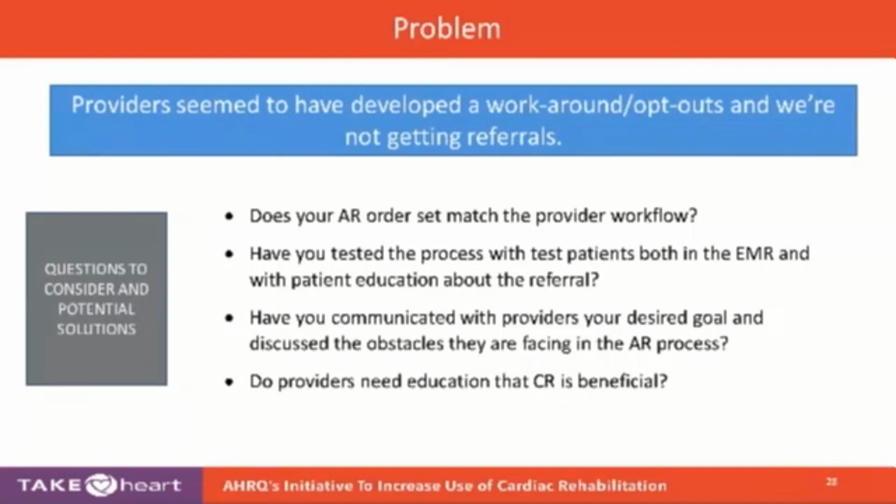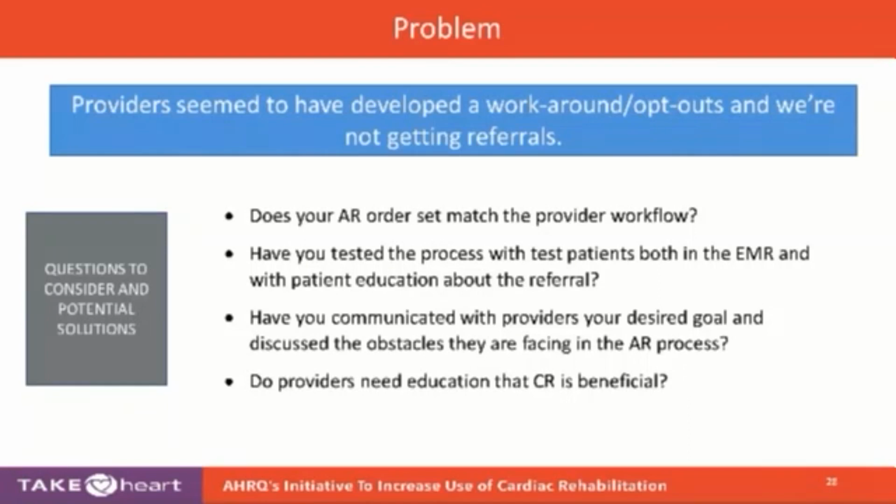Then I think you have to stop and reevaluate and say, do I need to scratch this and do a rebuild? Although it's very difficult when you've gotten that far down a go-live process. But again, I think also approach it from the mindset that nobody is trying to do a bad job. Nobody is trying to not get these automatic referrals in. It's just maybe there is something in the system that is preventing that from being easy.